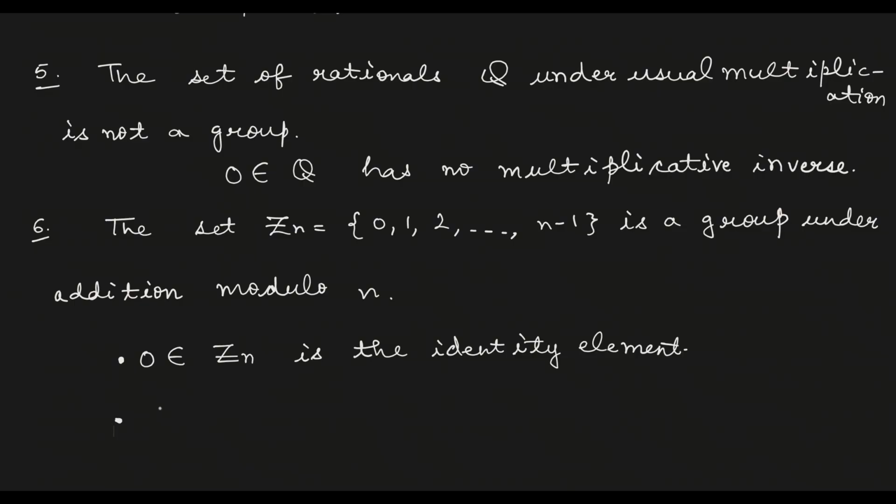Inverse will be the same. If A is any element of this Zn, then minus A will be the inverse. So it is a group. Now is it an abelian group? It is an abelian group, na? As commutative property will also be satisfied.